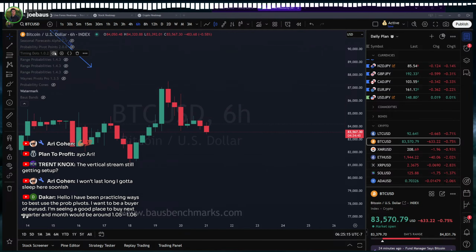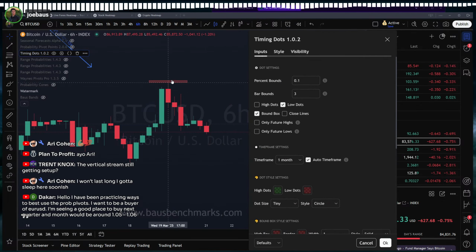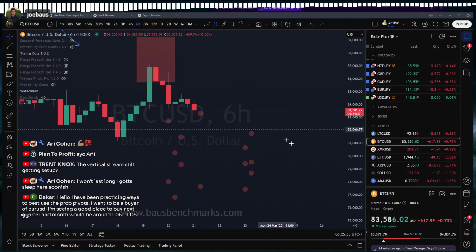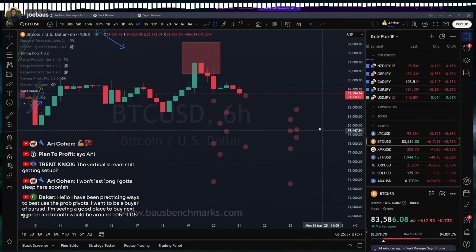Actually, here's a good thing we can check out. Given this top for the day, or the week rather, let's bump this up to, let's say, 2%. Ooh, yeah, quite a few dots way down here.